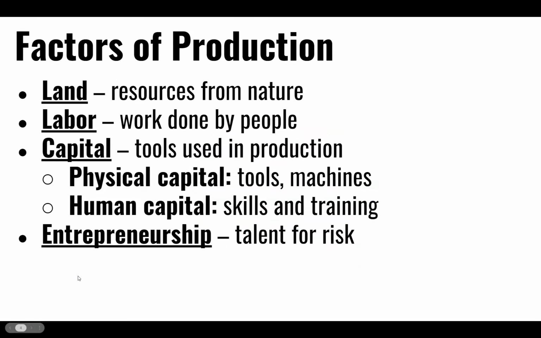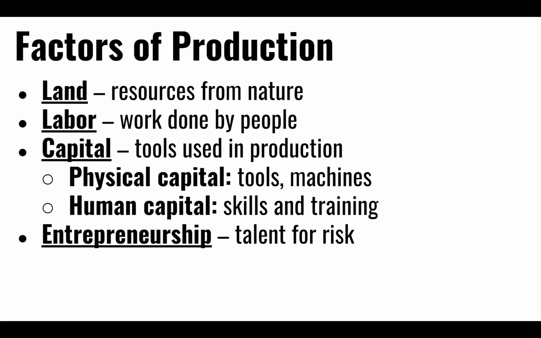And those factors of production are land, labor, capital, and entrepreneurship. Land is going to be any sort of natural resources, not just the physical land, but any natural resources that come from the land. Labor will be the work done by people. And then capital is typically going to be the tools used in the production of goods and services.